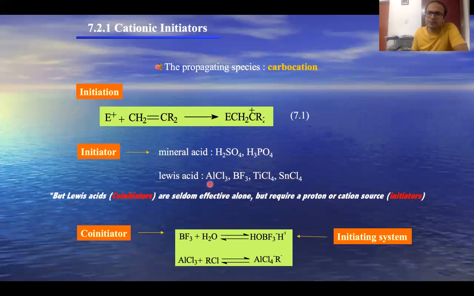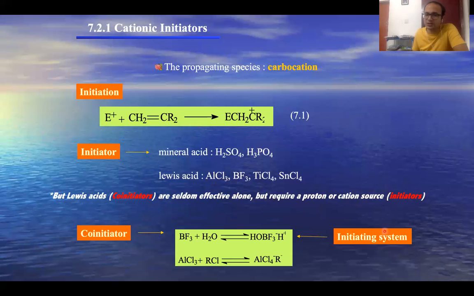So basically, these Lewis acids can be considered a kind of co-catalyst or co-initiator along with the proton source or cation source, which actually are the initiators. So often when we use a Lewis acid, we use a combination of a proton source and the Lewis acid.